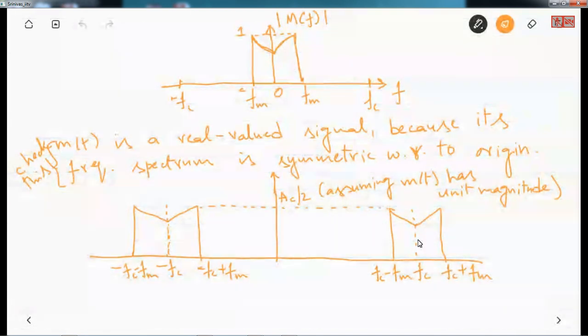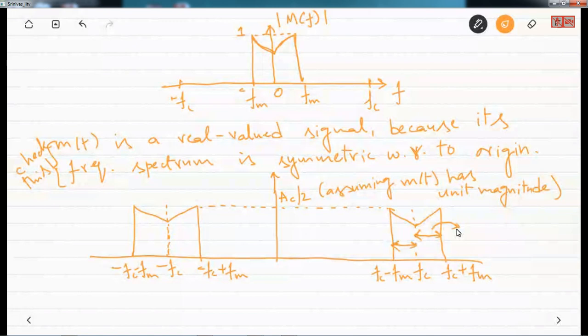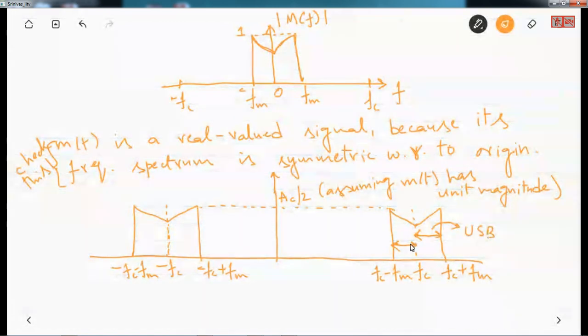After multiplication, we need to introduce two more terms here. This is called the upper sideband, USB, and this is called the lower sideband, LSB, right? The signal occupying the frequency range fc to fc plus fm is called the upper sideband signal.